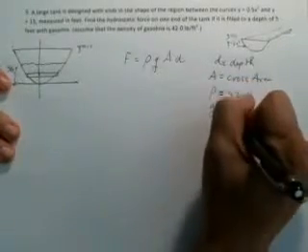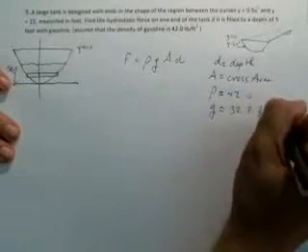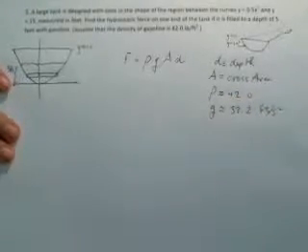And of course, G is approximately 32.2 feet per second squared. Okay, that's in US units.